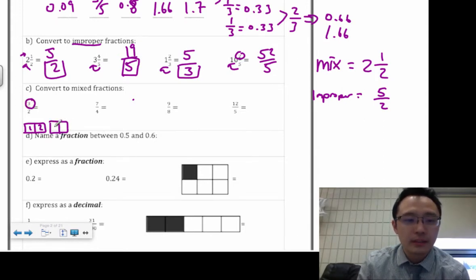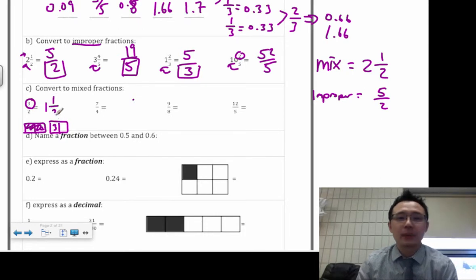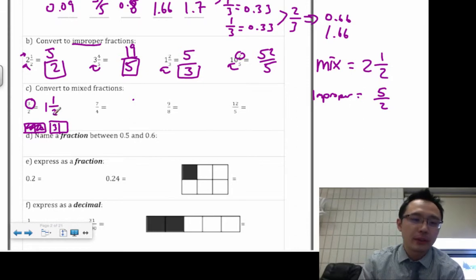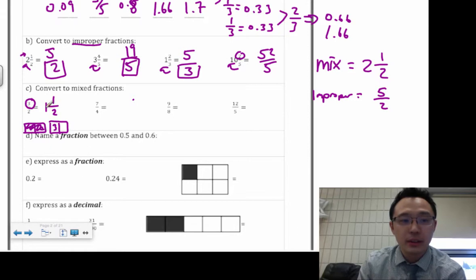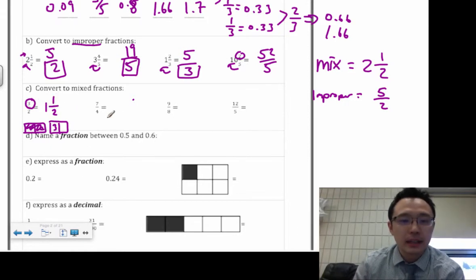So that's 3 pieces. So how many wholes do I have? Well, this is all filled in, so I have 1 whole, and for this chocolate bar, I have 1 out of 2, so that's 1 and 1/2. If you were to convert this back to improper, 2 times 1 is 2 plus 1 is 3. That works.